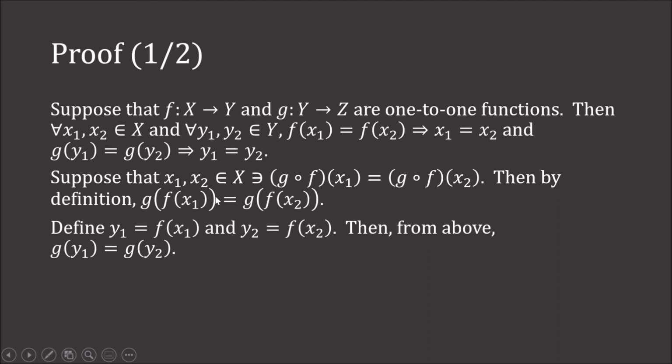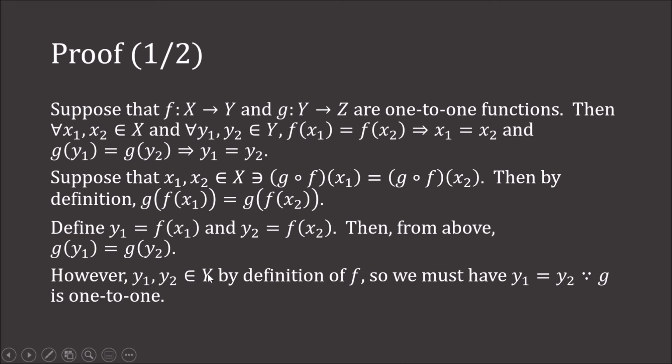Then this would mean that g of y1 is equal to g of y2, by substitution. However, this would mean that y1 and y2 are in Y, and by definition, we must have y1 is equal to y2, because f is one-to-one. Oh, I'm sorry, since g is one-to-one.